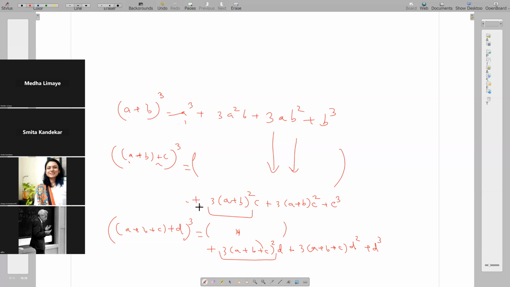Now this is better, but can you use this method to find a 23rd root? Why am I saying 23rd root?